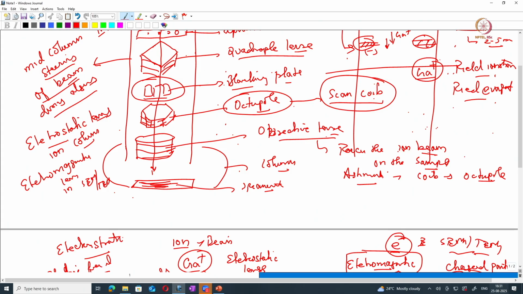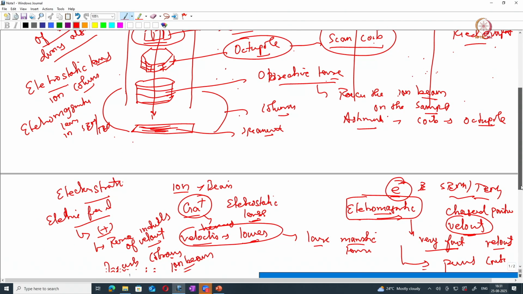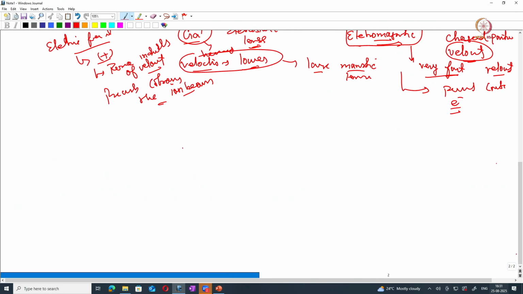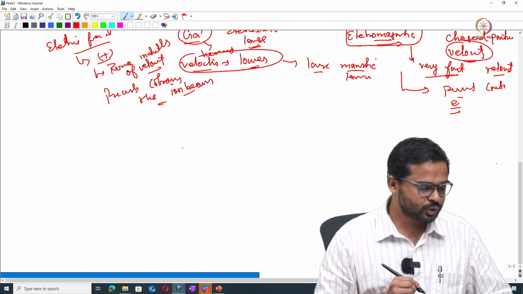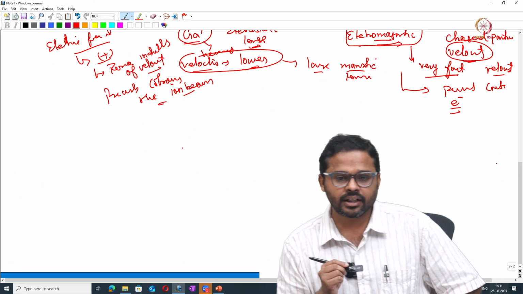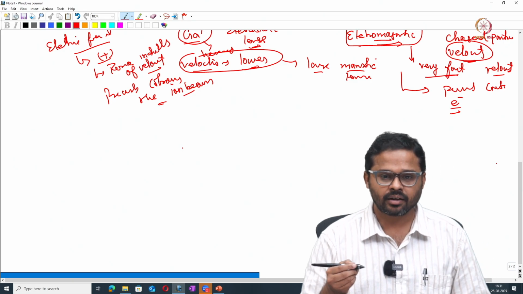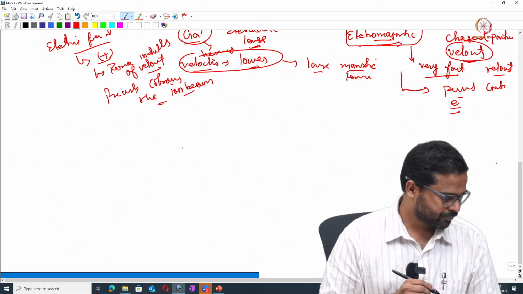They can avoid the unnecessary exposure of the sample during FIB operation. Okay, so they can block the ion beam. That's why they are called the blanking plates. Fine. So this is a general ion optics, usually seen in any focused ion beam microscope ion column, correct?